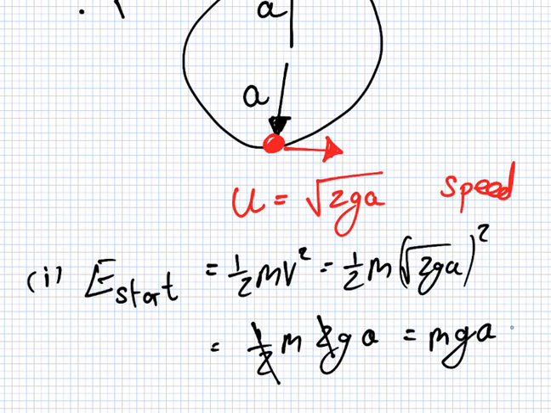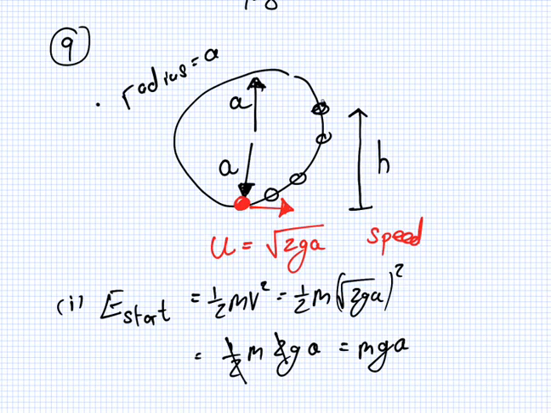That's the first part. Now for the second part, the ball goes up, and then at some point it stops, and then it falls back down. They want to know what is the maximum height. So what's special about the ball when it's up here? It's not moving. Does it have kinetic? No. It has only potential. So we do potential energy equals the kinetic energy at the start.